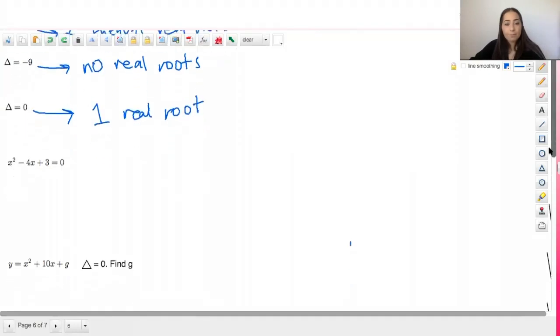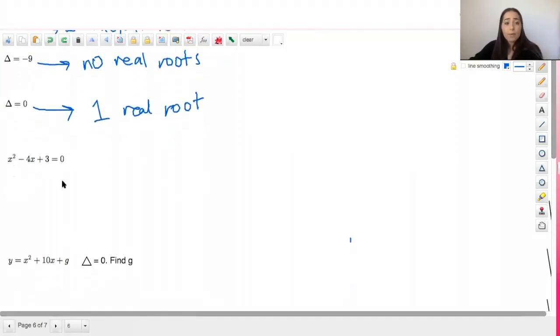Okay, so now let's look at how to find the discriminant when you're given your function. We know that the discriminant is equal to b squared minus 4ac. b is the coefficient of x, which is -4, so b is -4, and that's all squared.